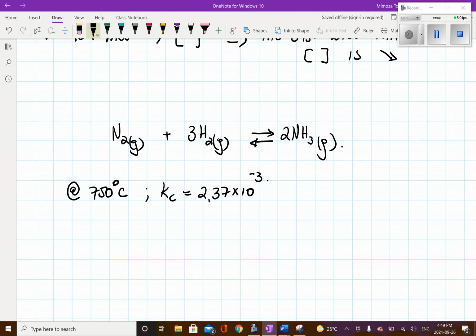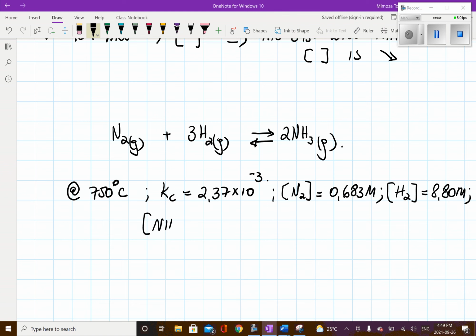In a certain experiment, the concentration of nitrogen gas is 0.683, the concentration of hydrogen gas is 8.80 molarity, and the concentration of NH3 is 1.05 molarity.